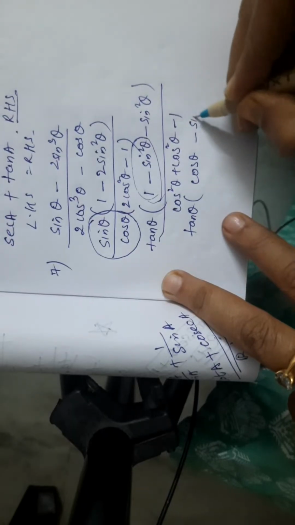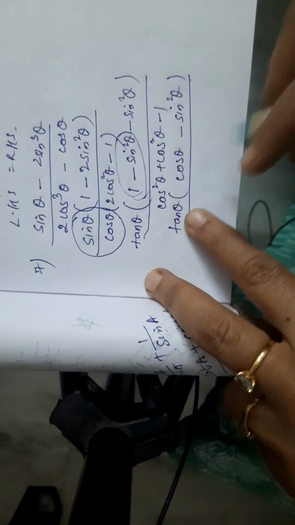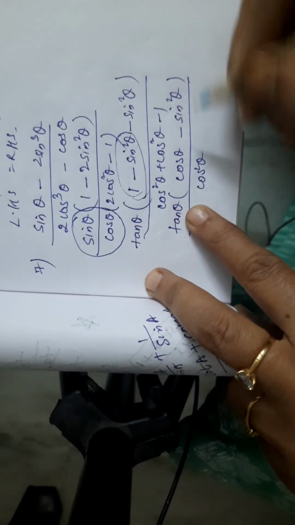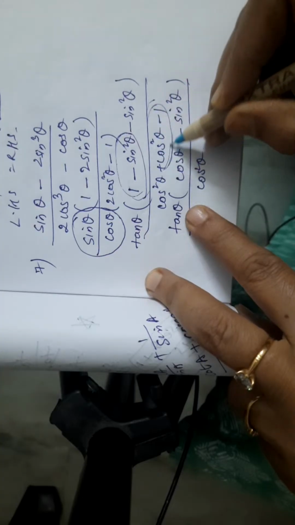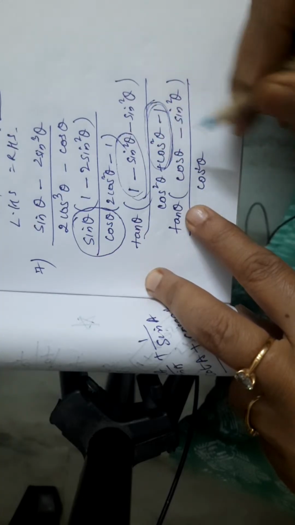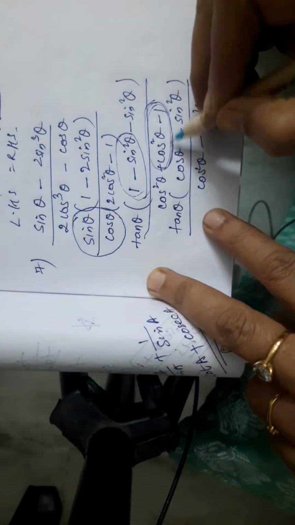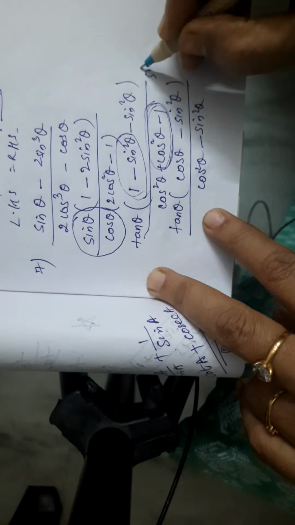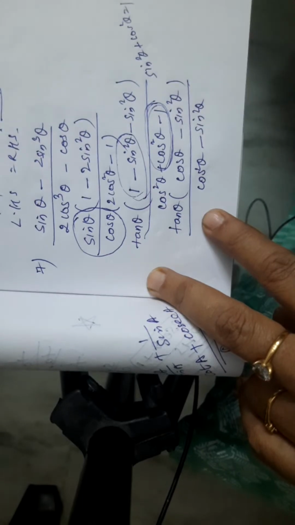Copy down sin square theta as it is. Denominator cos square theta. Cos square theta minus 1 is minus sin square theta. So cos square theta minus 1 will be replaced by minus sin square theta. How did we get this? Already you know the identity, sin square theta plus cos square theta is 1.